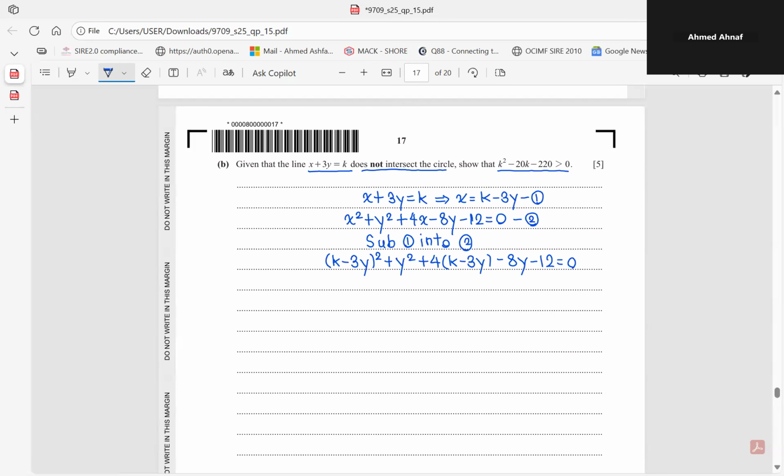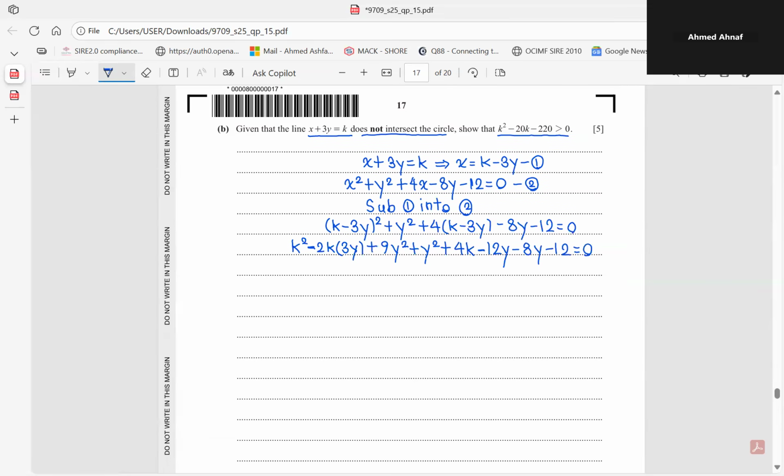So to expand this, just use a minus b squared. So k squared minus 2k times 3y plus 3y squared, which is 9y squared, plus y squared plus 4k minus 12y minus 8y minus 12 equals 0.